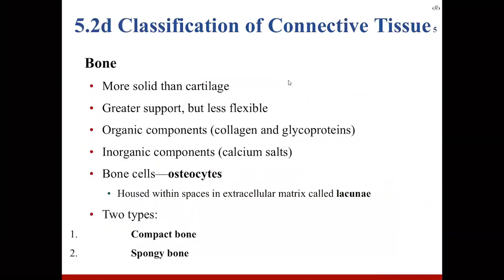Okay, now bone is more solid than cartilage, right? It's going to provide support. It's made out of organic components and it's made out of calcium. Bone cells are called osteocytes. We are going to talk about bone. It's got its own chapter. So there's compact bone and there's spongy bone.